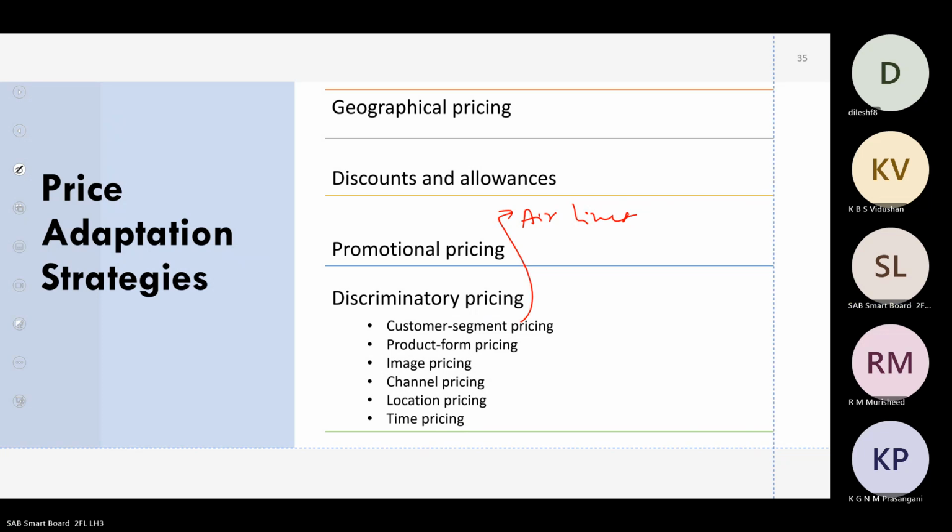ACCA is offered by ACCA. CIMA is offered by CIMA. Those are separate qualifications. Those are not being offered by an accounting organization. Everything is coming under the accounting discipline or accounting background, but still, those are offered by separate organizations.